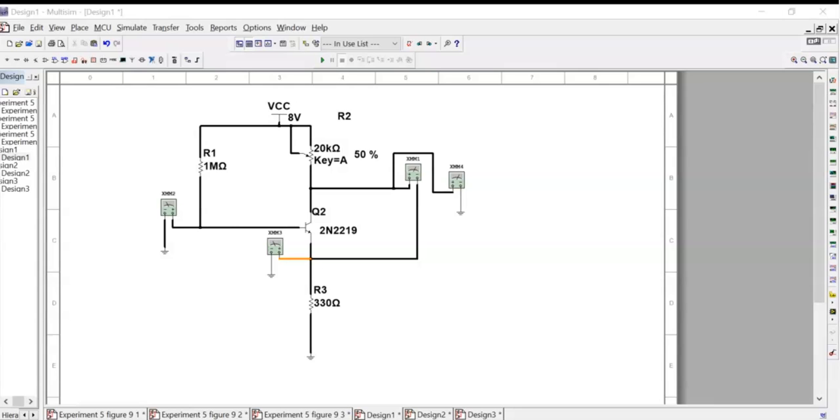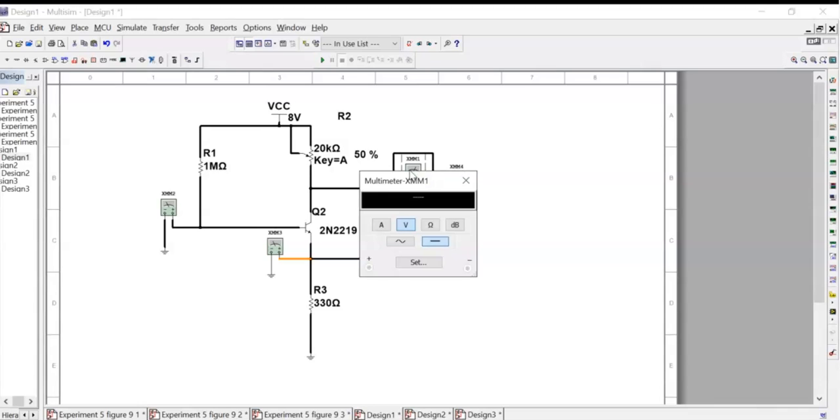From the procedure, we need to set the collector emitter voltage to 7.8 volts by adjusting the potentiometer R2.